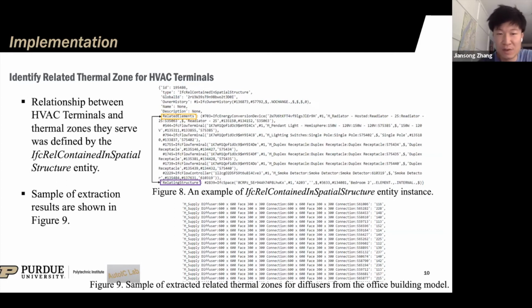As you can see from figure 8, the purple box shows the space and the yellow box shows the radiator related to that space. And figure 9 shows a sample of extracted thermal zones for the diffusers, which is for the VAV system from the office building model. I only show the sample because there are a huge number of spaces in the model.